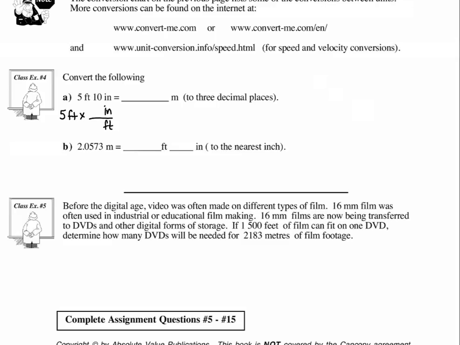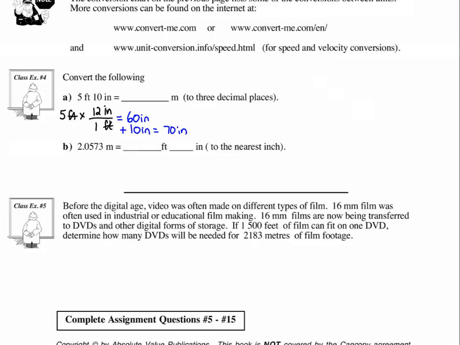What's the ratio? 5 times 12 over 1. 5 times 12 is 60 inches, giving us a total of 70 inches. So adding on the 10, that's 70 inches.